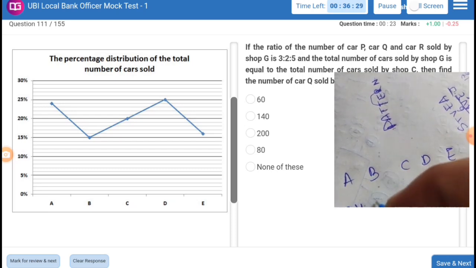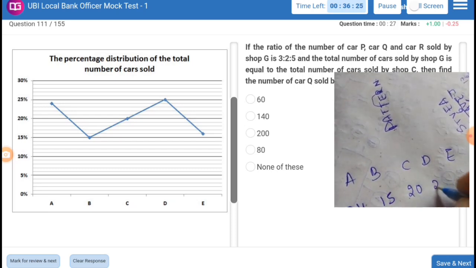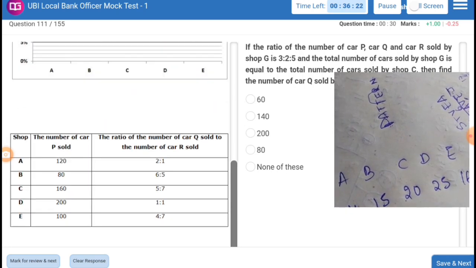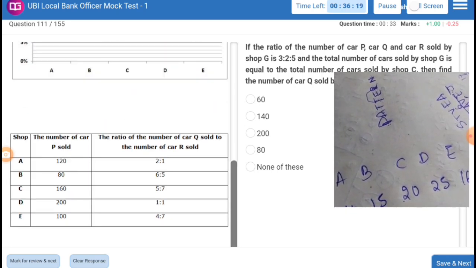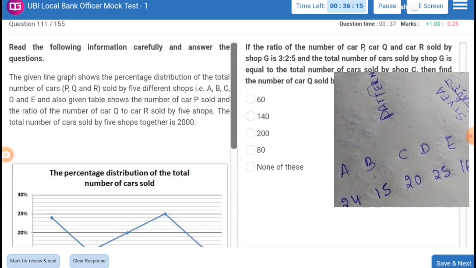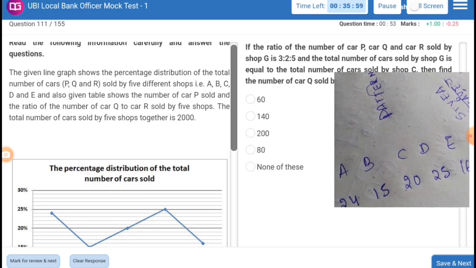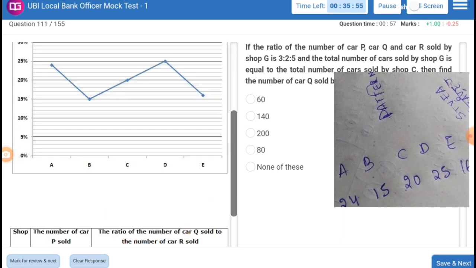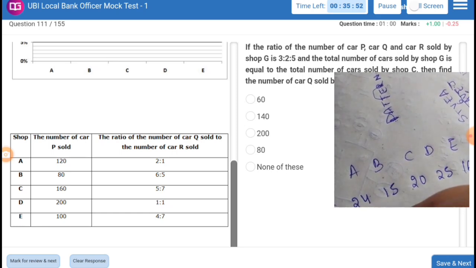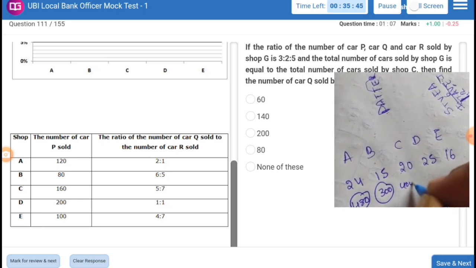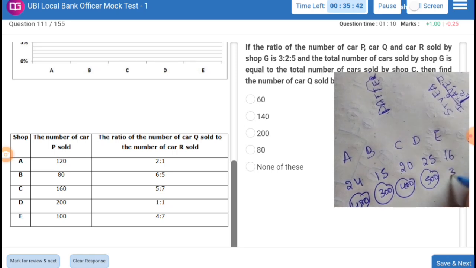So 24, 15, so 20, 25, 16. So 2K. 480, 300, 400, 500, 320.